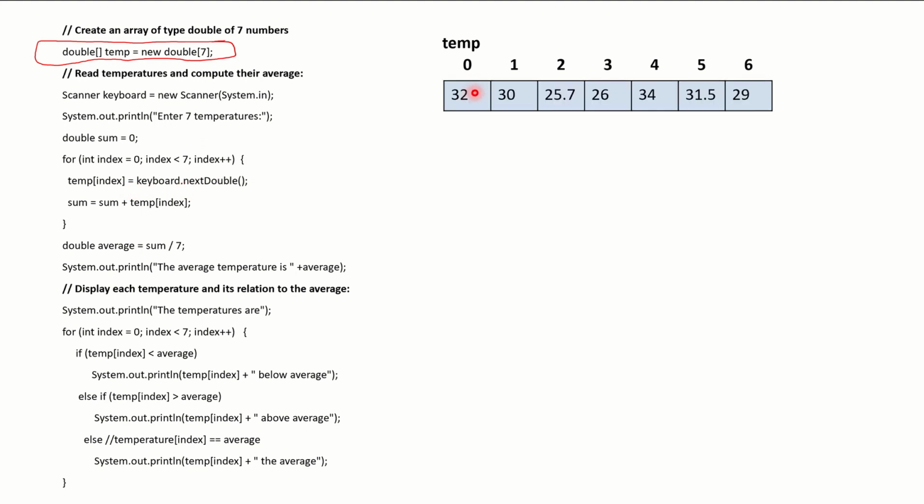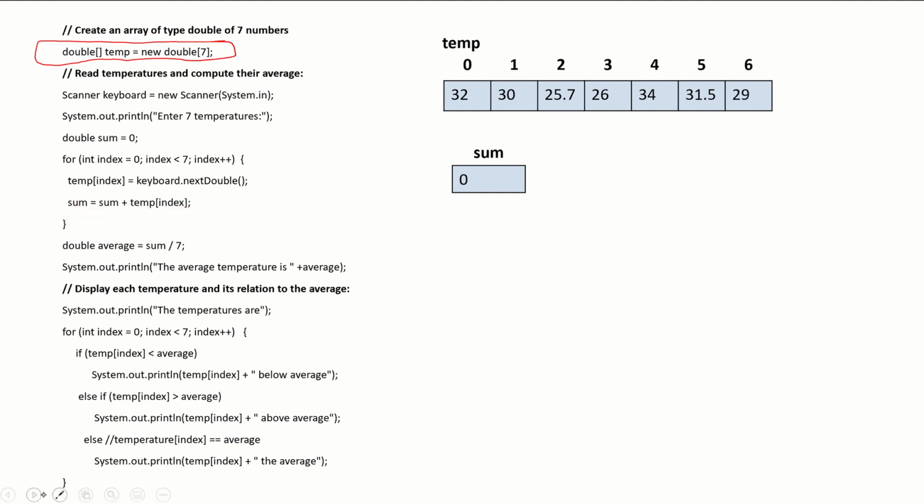Let's assume the user said 32 should be in location 0, 30 in location 1, and similarly till the end of the array. Because we also need the summation of the numbers, we started by saying double sum equals 0. So this is sum at the beginning as 0. Whenever we go through the loop, we read a value and then take temp at location index and add it to the summation.